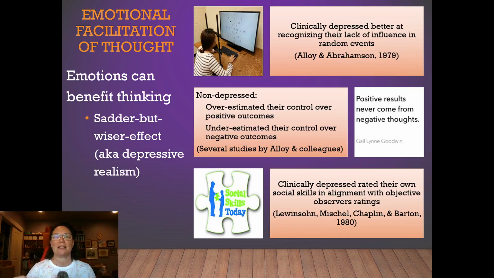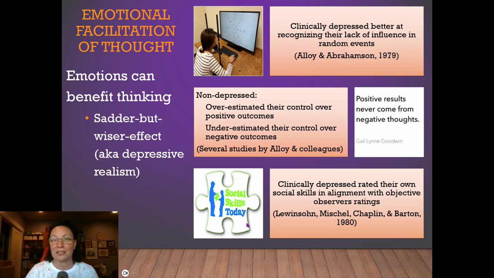Non-depressed people tend to display what we call the self-serving bias, where they see themselves through sort of rose-colored glasses, and they think they're doing a better job than they are, that they're more skilled than they are, that they're more funny than they are, all sorts of things that aren't true.